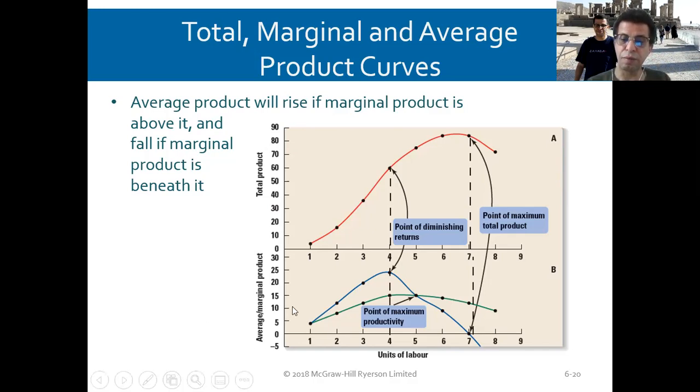That's the point of maximum productivity. But the most important thing when you look at labor is where the peak level is that they can produce, and then the number that they produce per unit of labor becomes less and less.